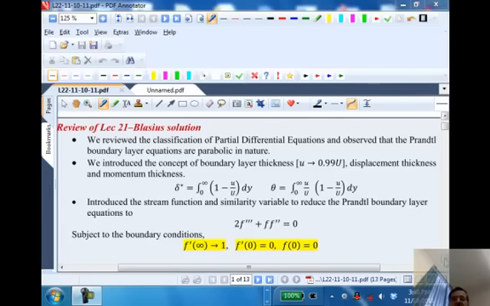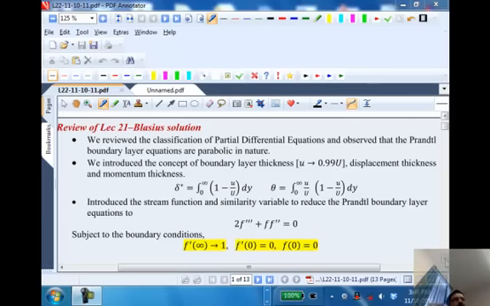All right. In the last lecture, we looked at the Blasius solution. So we saw boundary layer theory as a theory that bridges the gap between potential flow and creeping flow, and it's able to track the sharp changes in velocity profile over a small distance near solid objects. That's where the boundary layers typically occur.